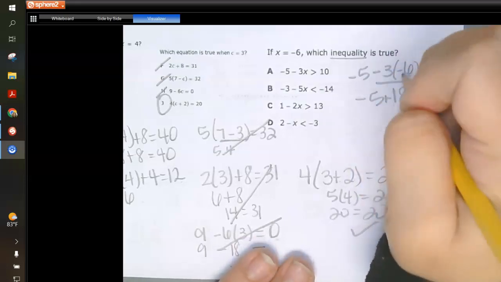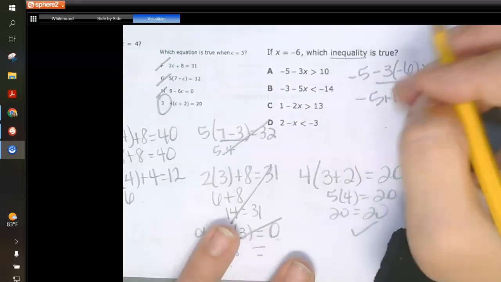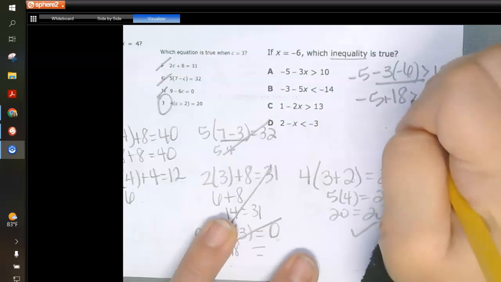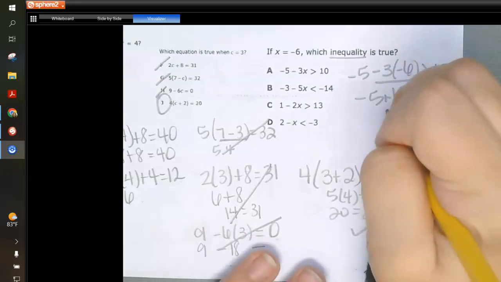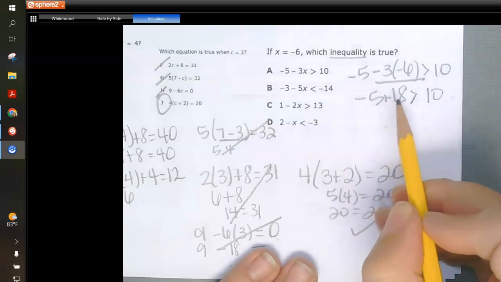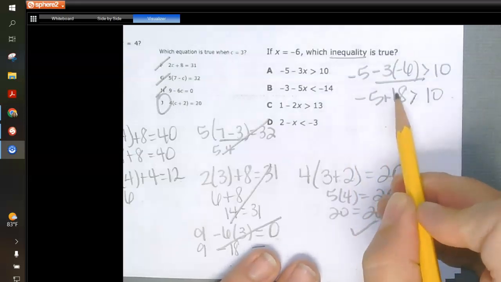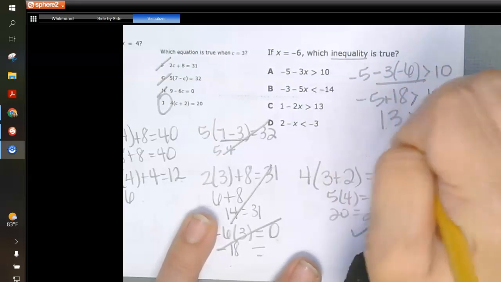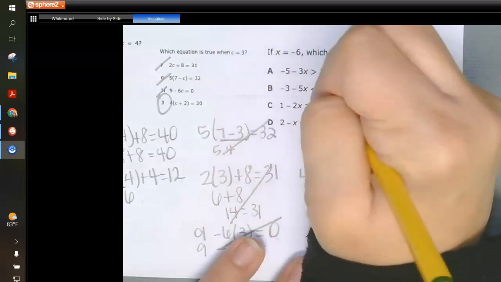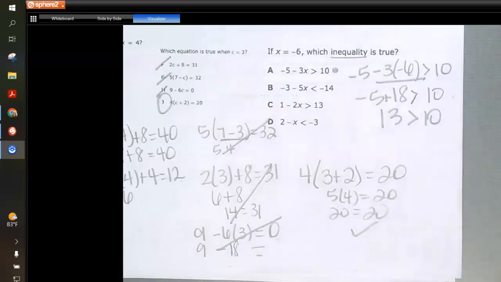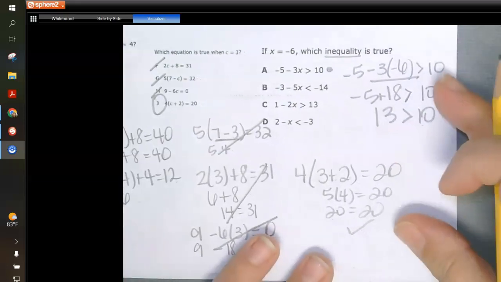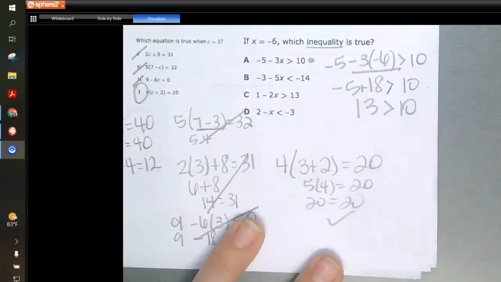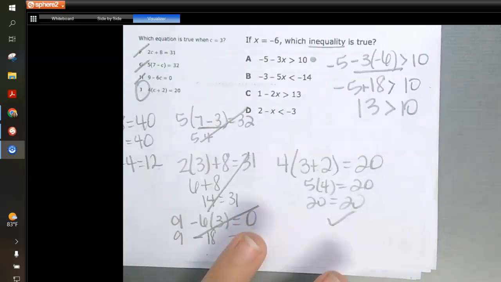This is going to become a positive 18 because negative 3 times a negative 6 is a positive 18, is greater than 10. So we should combine these, a negative 5 and a positive 18, and that would be a positive 13 is greater than 10. That is true. I'm going to put a dot here and come back to it just in case I make some mistakes along the way.